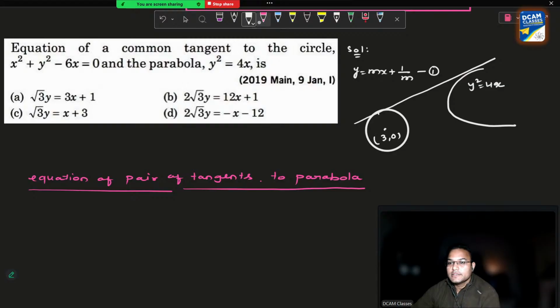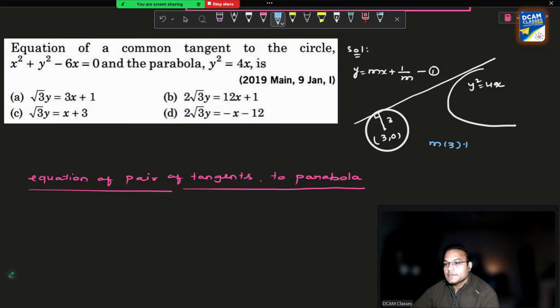What is the radius? 3. So the length of perpendicular from 3, 0 to the tangent should be 3. So we should have m into 3 plus 1 by m minus 0 divided by root over 1 plus m square should be equal to 3.